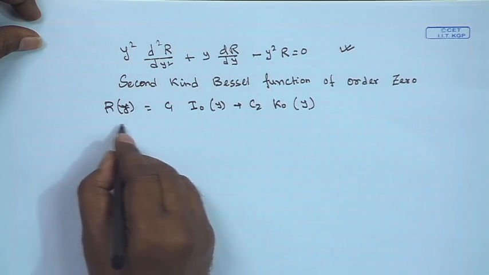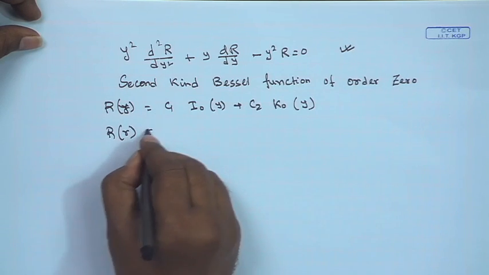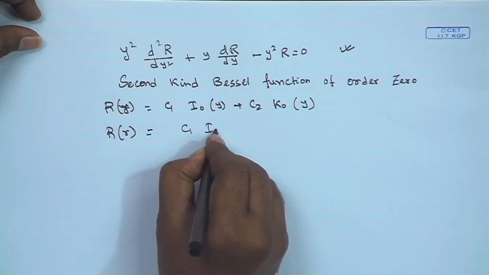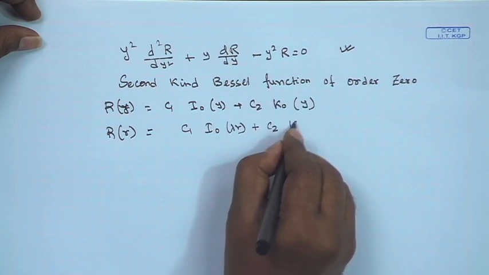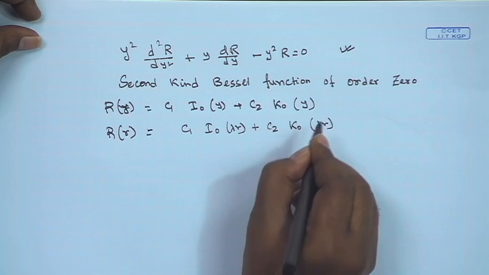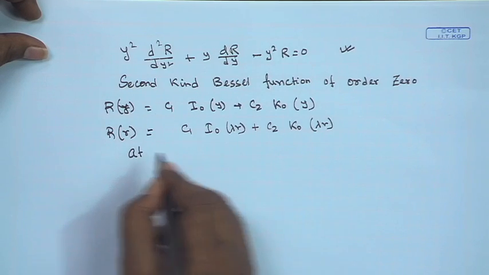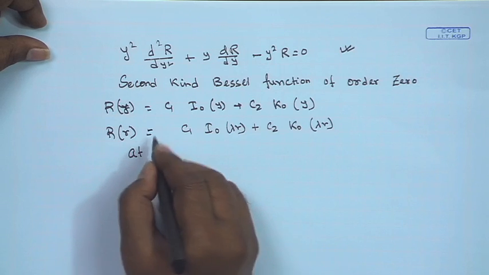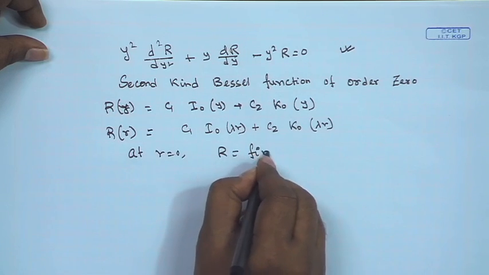So, therefore, R, which is a function of small r, is nothing but C1 I0(lambda r) plus C2 K0(lambda r). And now we can put the boundary conditions of the original problem. At r equal to 0, capital R is finite.